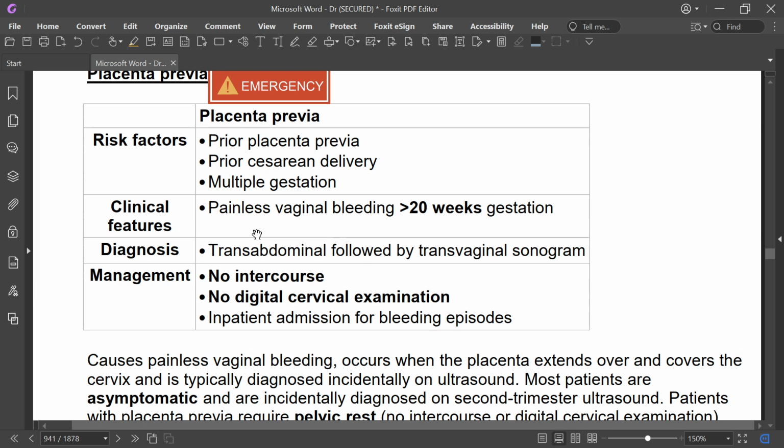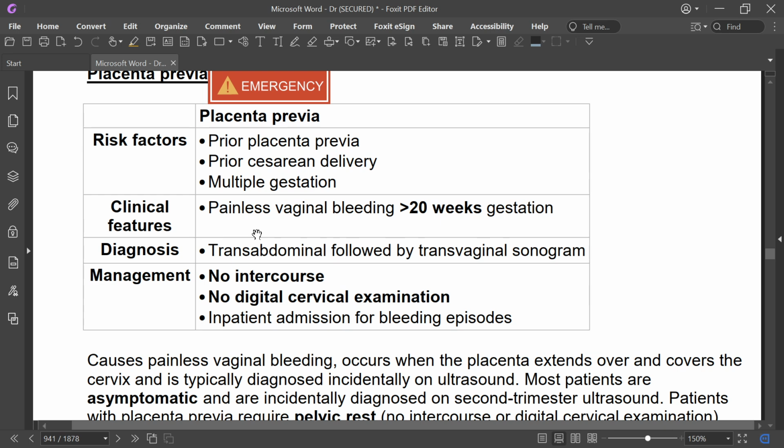Presentation is painless vaginal bleeding after 20 weeks of gestation. I have talked about it in an earlier session: painless, recurrent, usually causeless. There are some risk factors like prior cesarean, prior placenta previa, and multiple gestations.